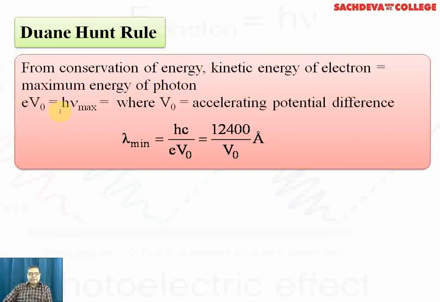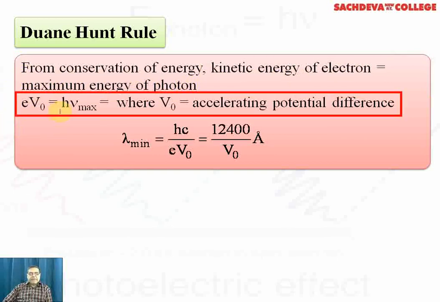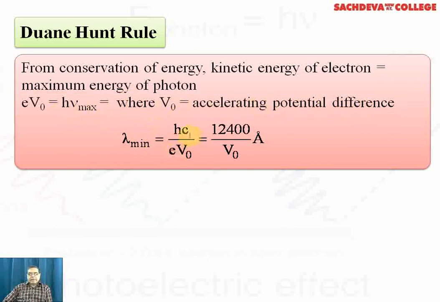So we equate eV naught equal to h nu maximum, where V naught is the accelerating potential difference applied between the cathode and the target. Nu can be replaced by c over lambda, and from there we get lambda equal to hc over eV naught.